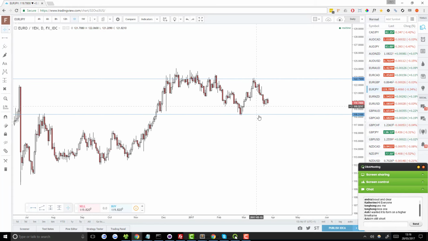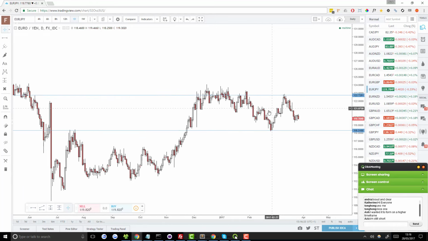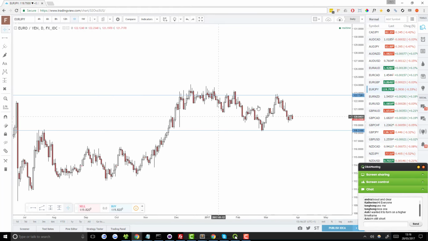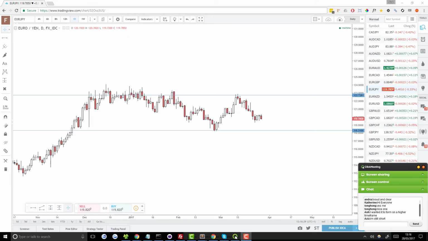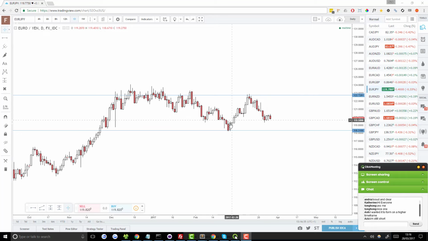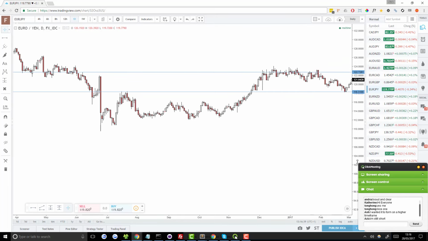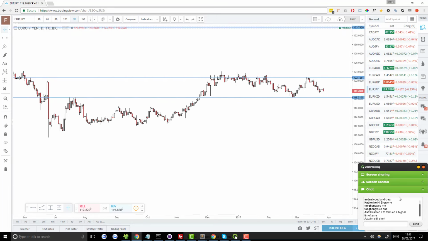Yeah, nothing really happening here. There's no area support or resistance right there. But there was up here, and that looked like a really good short. Did anyone short EURUSD up there? This one here. No? No one?